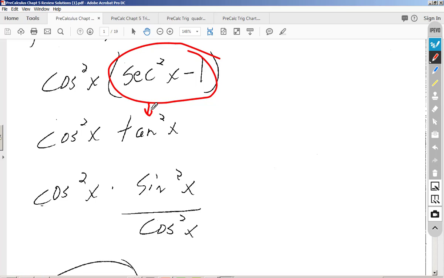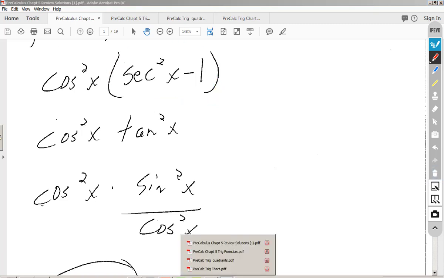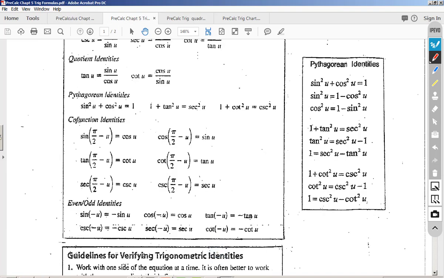So now that I've got the cosine squared of x times the tangent squared of x, again, if you need to, you can go back to your formula sheet and change the tangent squared of x. If you look at your formula sheet right here, the tangent squared of x is equal to the sine squared over the cosine squared.